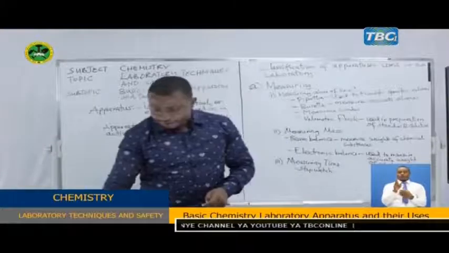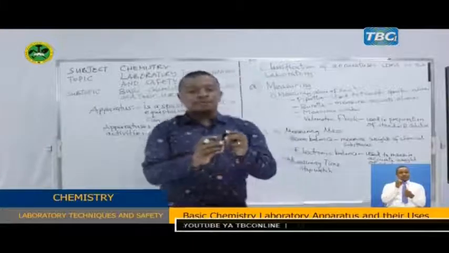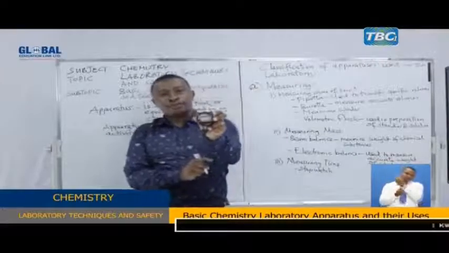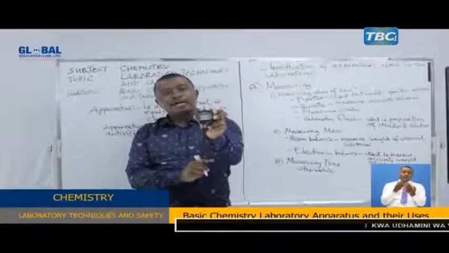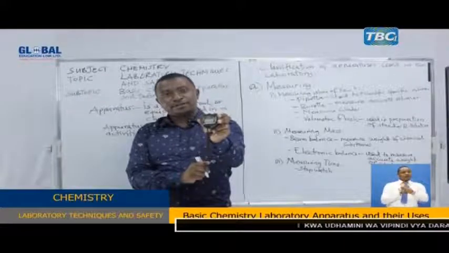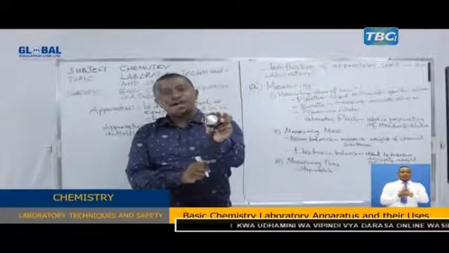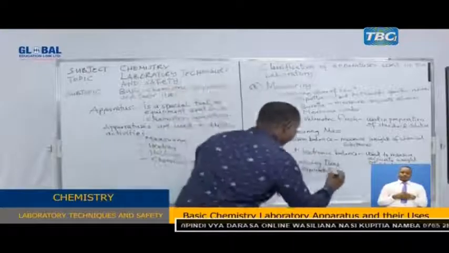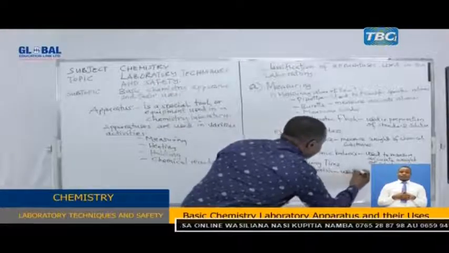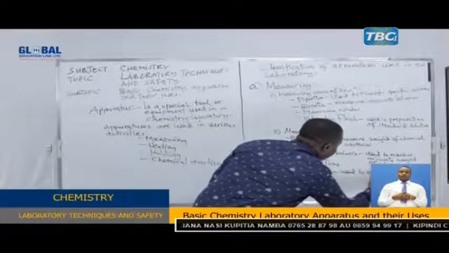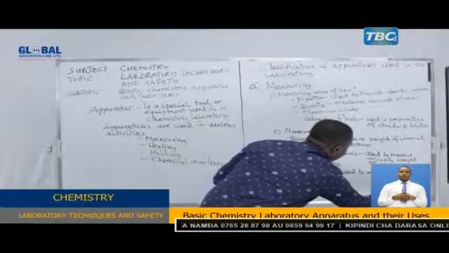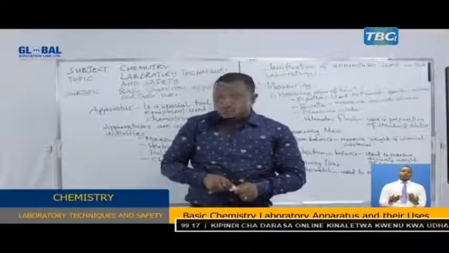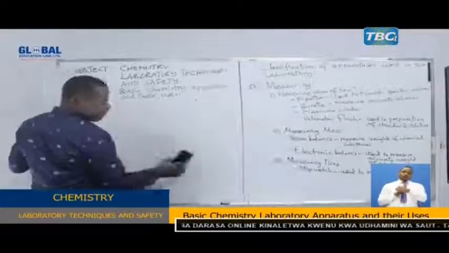I hope that every one of you is aware of this apparatus here. This is known as a stopwatch. It is used to measure time in the laboratory. You also have some stopwatches at your home. So that is a stopwatch.